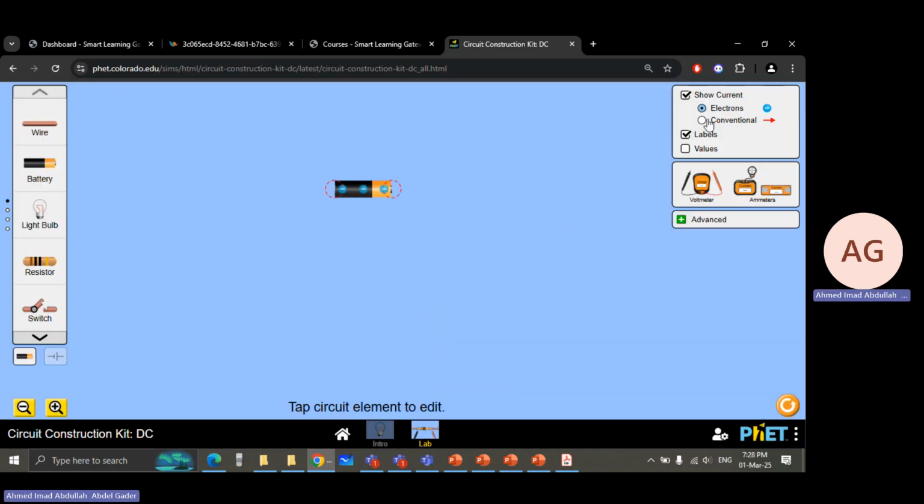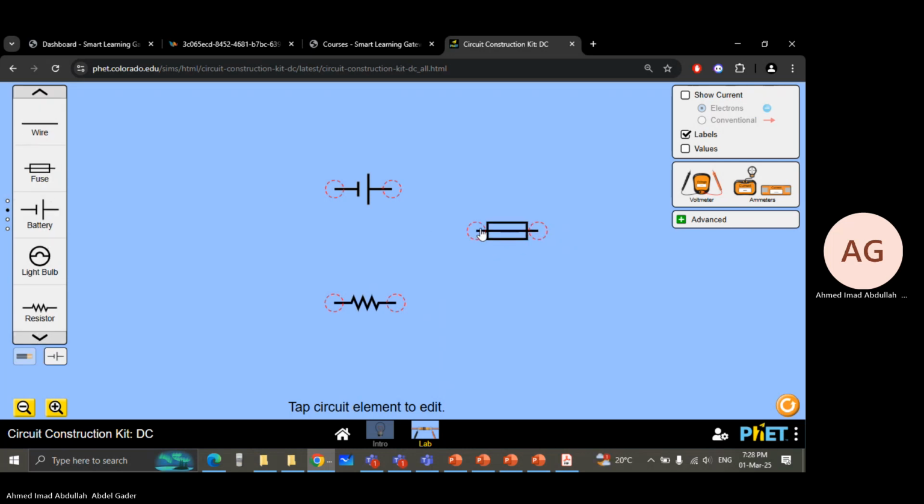So here we have a simple circuit, and we will be using this fuse as a safety device.